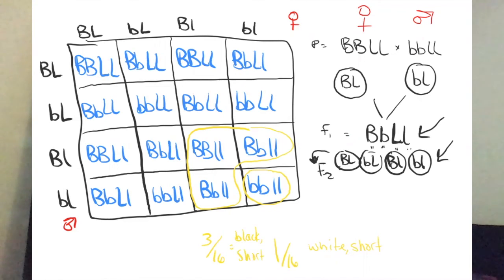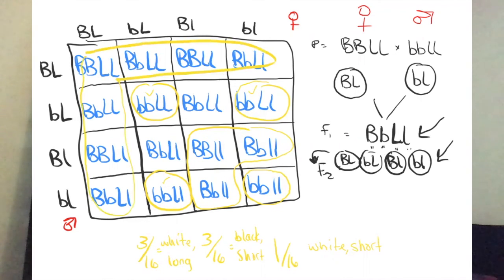How many individuals are displaying the white trait? Here's 1, here's 2, here's 3. So that's 3 out of 16 that are white, but they're all showing long. And then we have these guys, and these 2 guys.